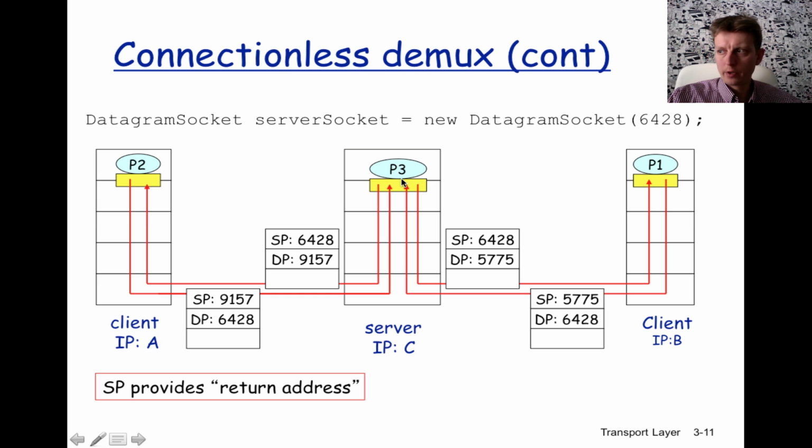When the server receives a UDP segment, it first checks the destination port number, so these numbers over here, and that's it. It directs these different datagrams to the same socket which is registered on this port number.